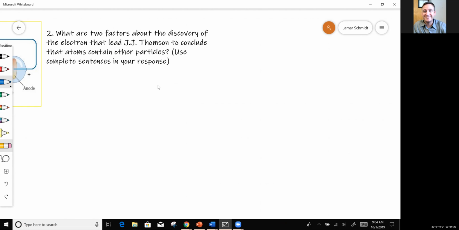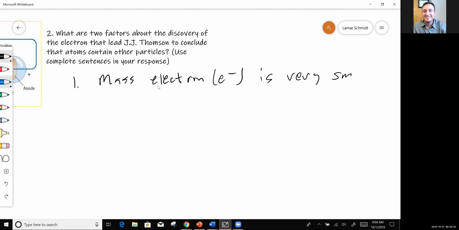Number 1 was that the mass of the electron, and a way of symbolizing electron is this symbol here, the mass of an electron is very small.